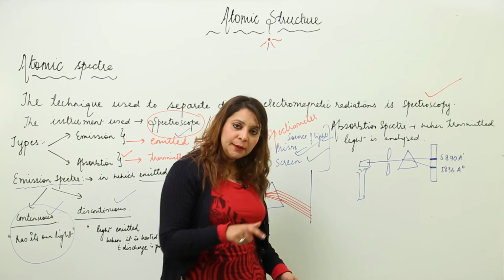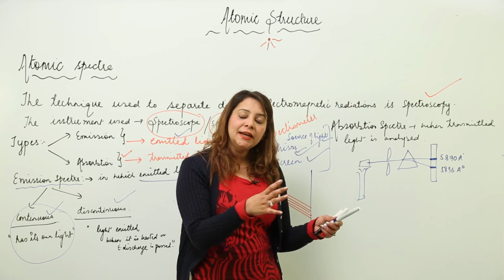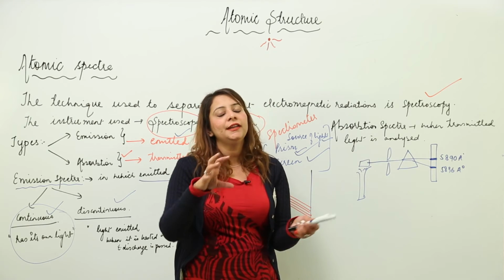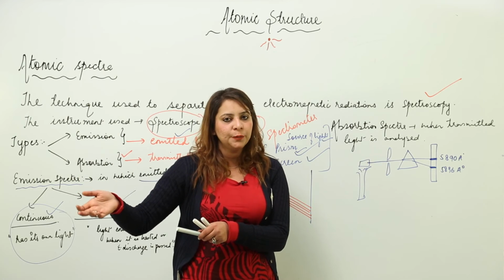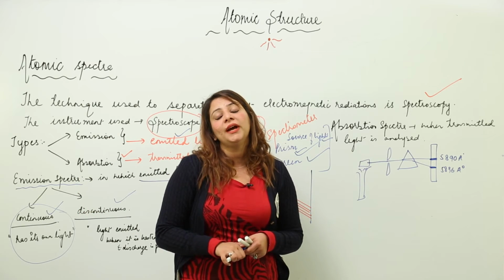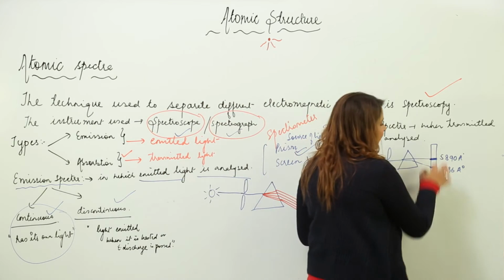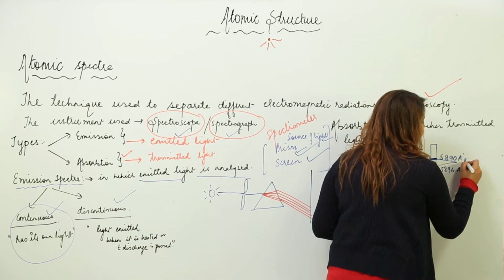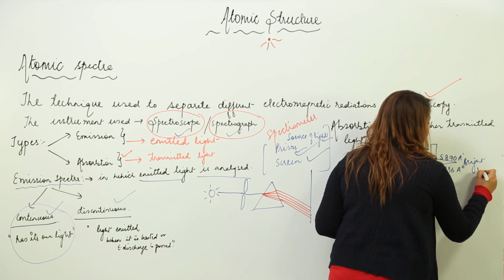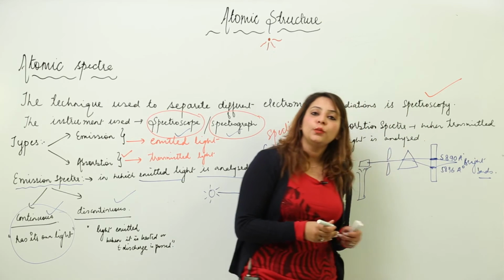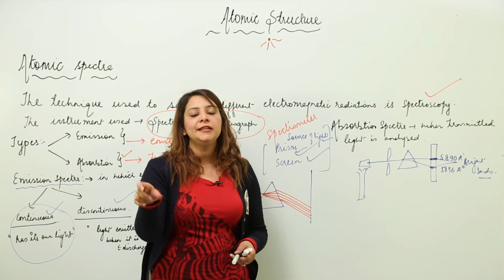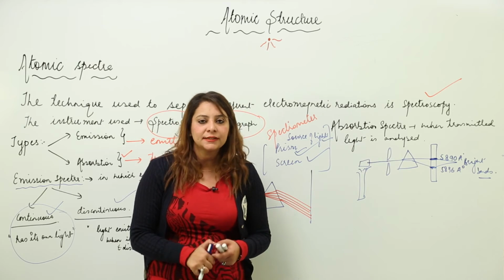If you take a sodium sample, heat it, and dispersion occurs, you study the radiations emitted and get these bright bands, because everything else is dark. They occur at 5890 Armstrong and 5896 Armstrong.